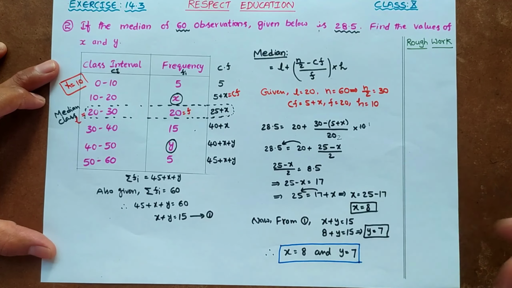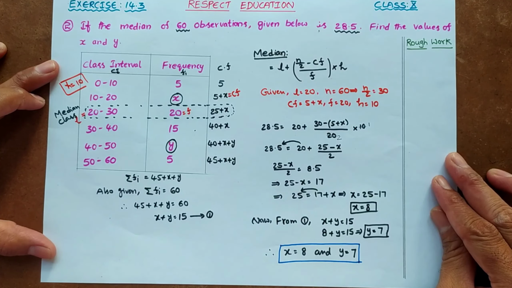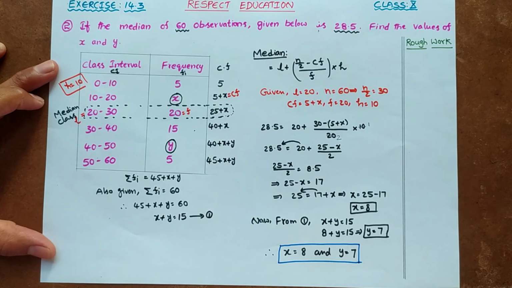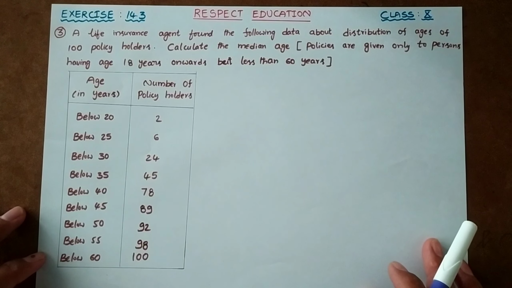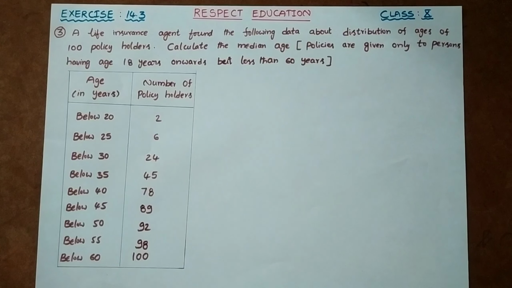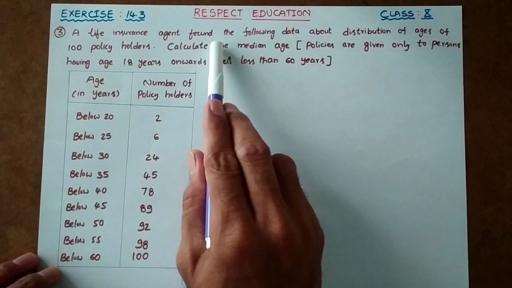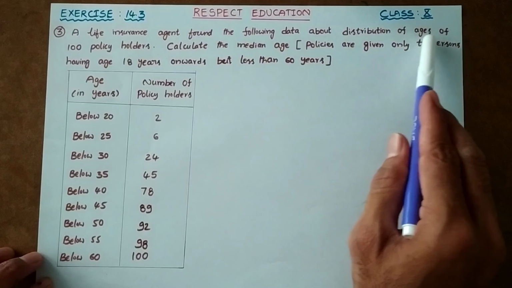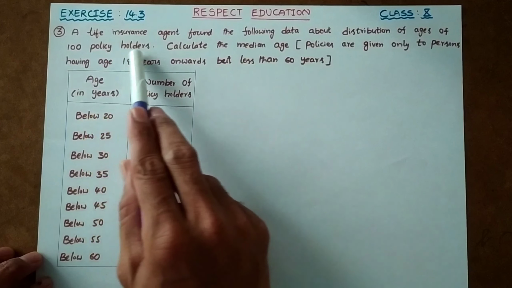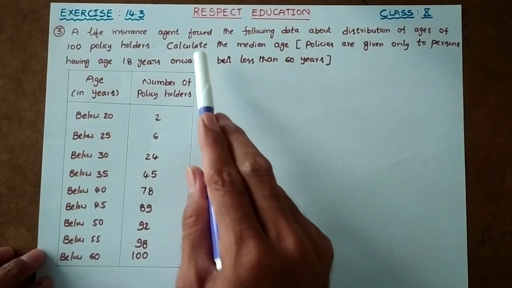With this, the second one gets completed. Now we see question number 3. A life insurance agent found the following data about the distribution of ages of 100 policy holders.